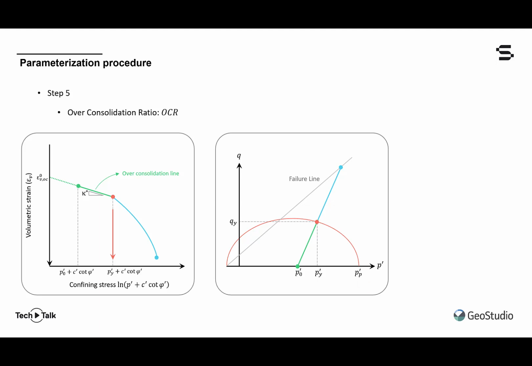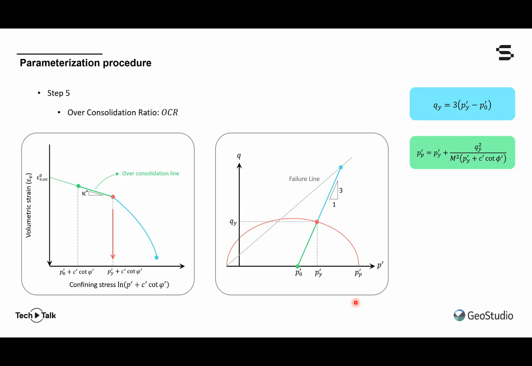For example, in a 3-to-1 drained triaxial stress path, the deviatoric stress at yield is 3 times the difference between the yield and the initial pressures. So the isotropic pre-consolidation pressure, p_p, can be expressed in terms of yield stresses using the yield function.